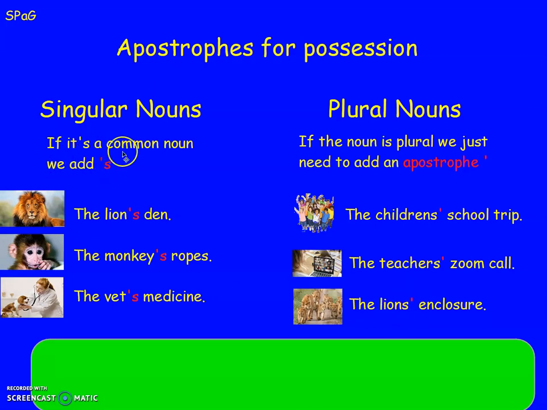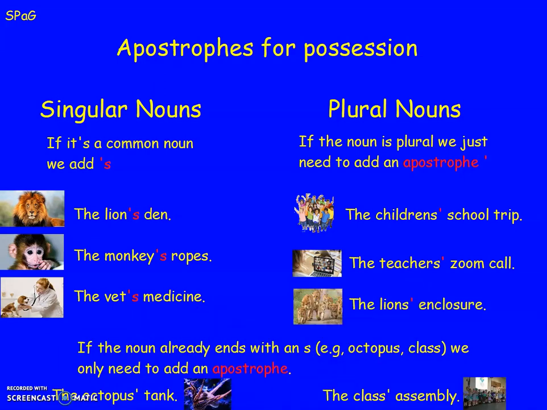Okay. So if it's a singular noun where there's just one of the noun, such as a lion, you need apostrophe S. If it's a plural noun where it's a group of things, so more than one thing, so a group of lions here, it's lions with an apostrophe, no S. However, if your noun ends with an S, regardless of if it's singular or plural, it only needs an apostrophe on the end.